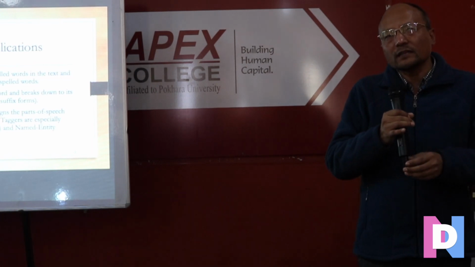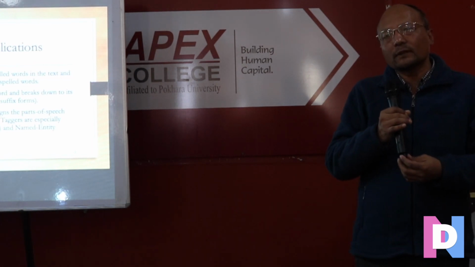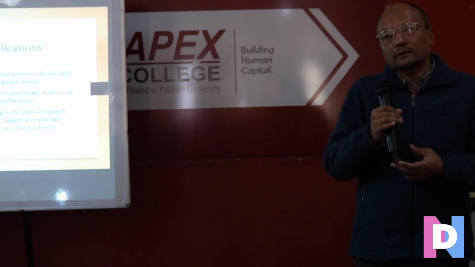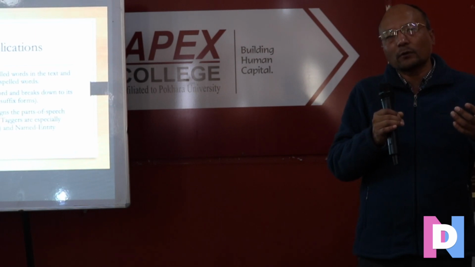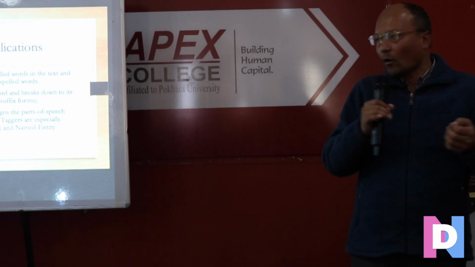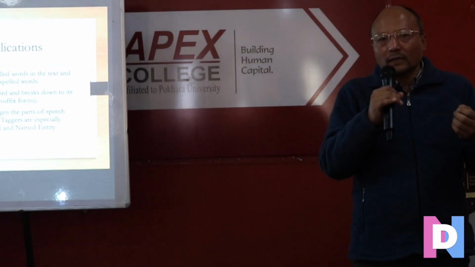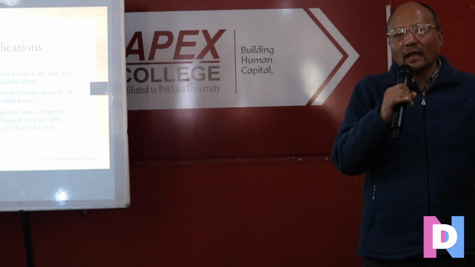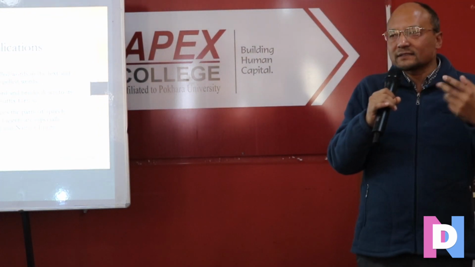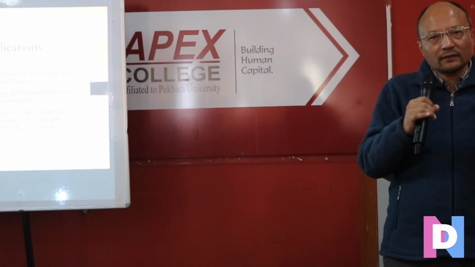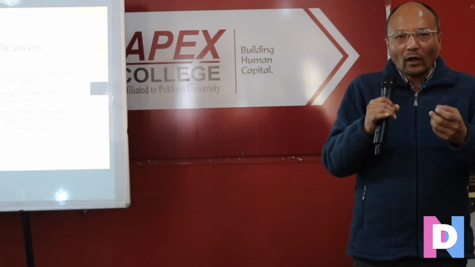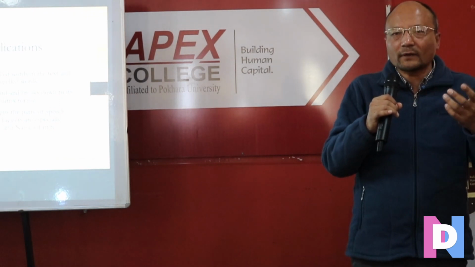In Nepali it's not very prominent, but in languages like English, for example, I might not be able to pronounce it the way it should be because I'm not a native speaker of English. However, take the word book itself: I want to buy a book versus book me a flight. These are pronounced differently because the same word appears in a different context.